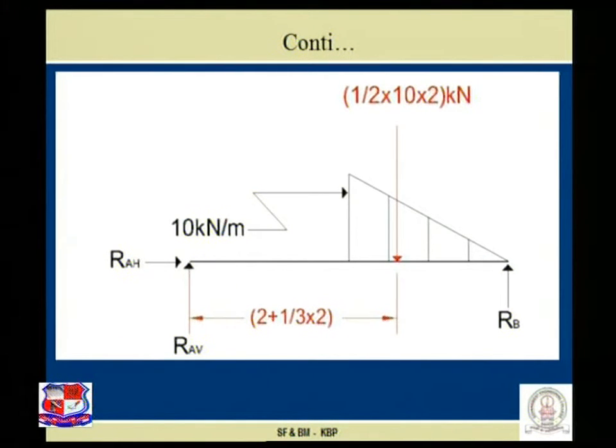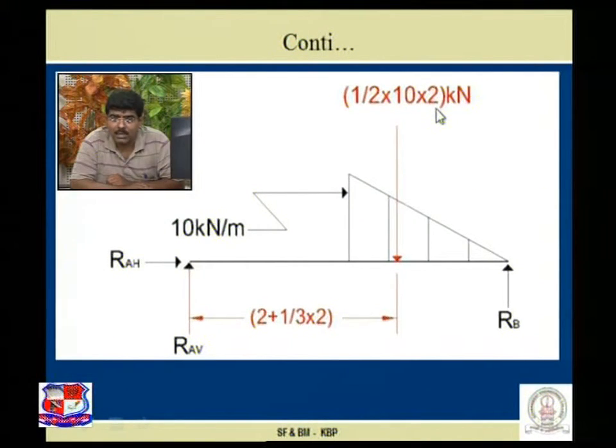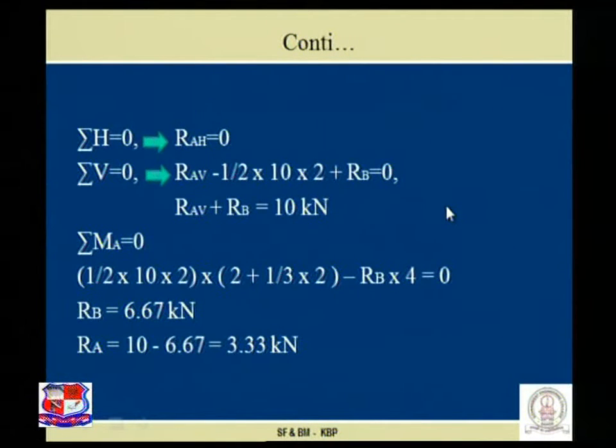Apply next sigma V is equal to 0. RAV and RB are upward but this UVL is acting downward, so RAV plus RB is equal to half into 10 into 2, that is equal to 10 kilonewton. RAH is 0 and RAV plus RB is equal to 10 kilonewton.